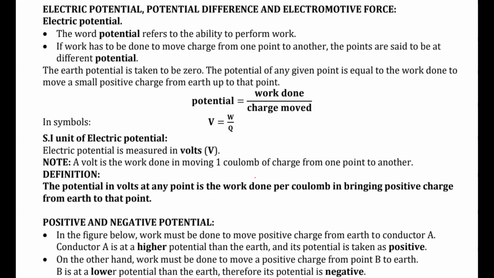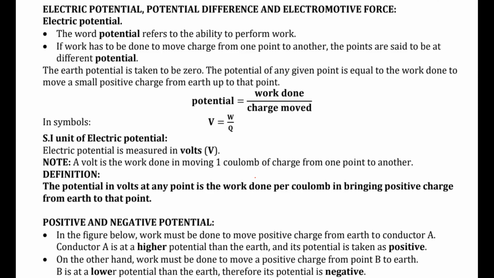Then I told you that potential difference is the difference between the abilities of work done at specific points. I've told you that there are points that are at a positive potential because there are many positive charges around that point, and there are points at a negative potential because those points have negative charges around them.